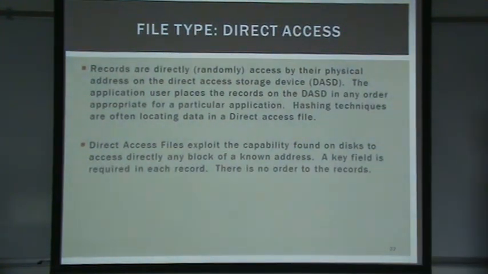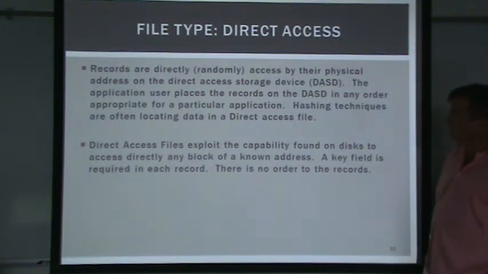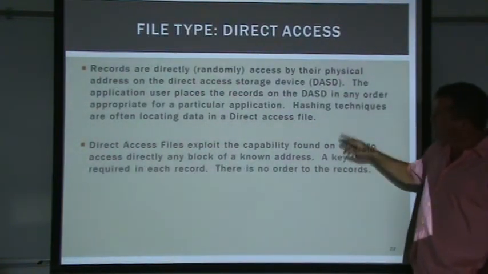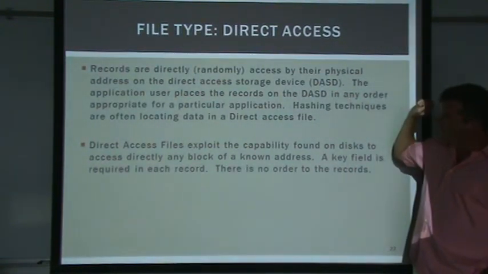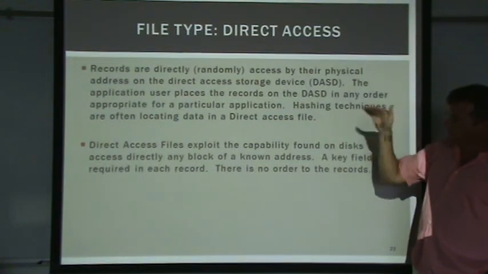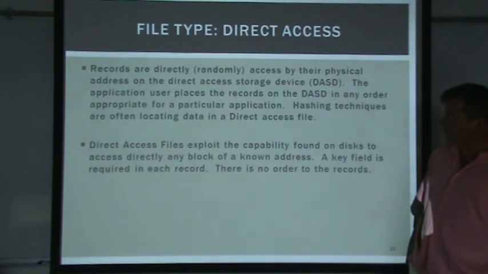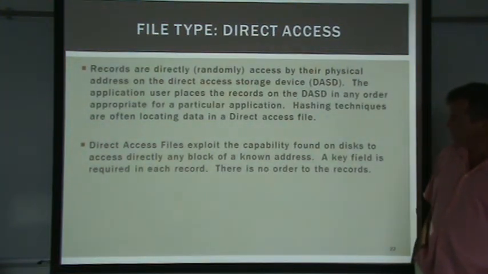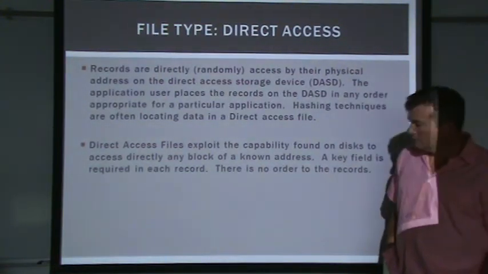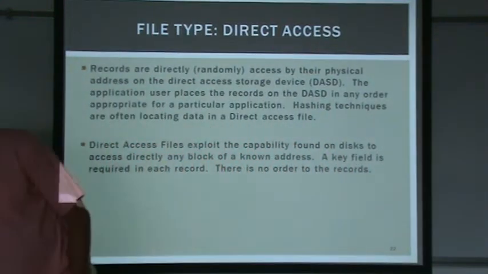So we could use a direct access storage device, which is going to use indexing, and you're going to look into an index and then just find directly what sector you're interested in. Okay.